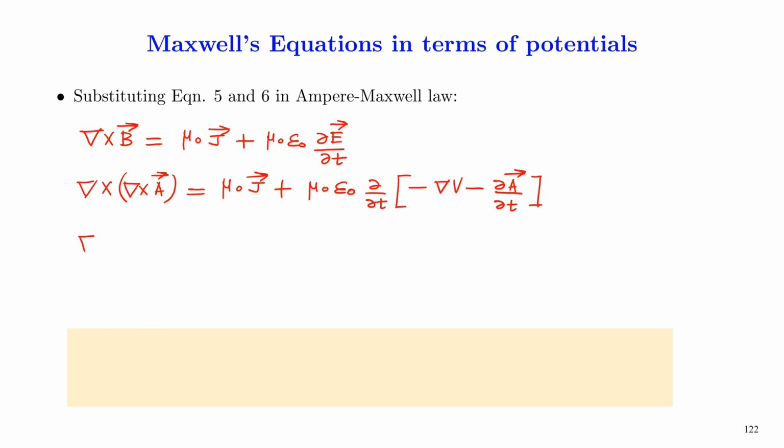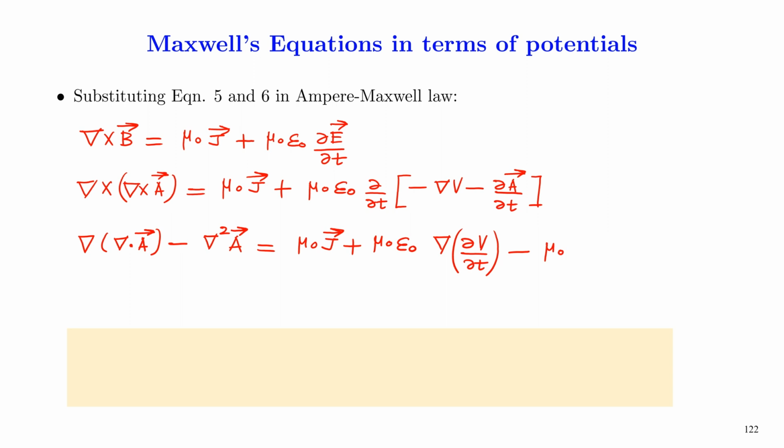When we expand the left hand side, we have del of del dot A minus del square A. This is equal to mu 0 J plus mu 0 epsilon 0 del of dou V over dou T minus mu 0 epsilon 0 dou square A over dou T square.